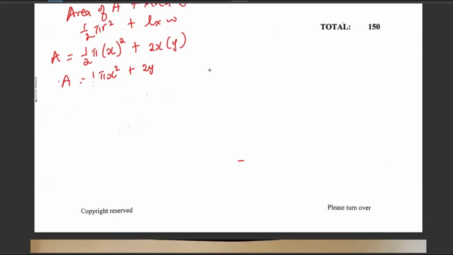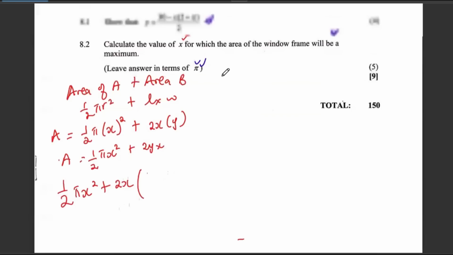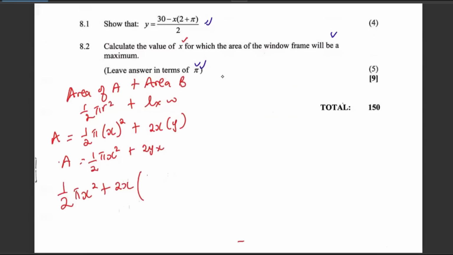Okay, so we said this is a half pi x squared plus, remember this was 2x. We said our y was 30 minus, I'll open it up, 2x minus pi x. Everything is over 2. Let these 2 cancel that 2.